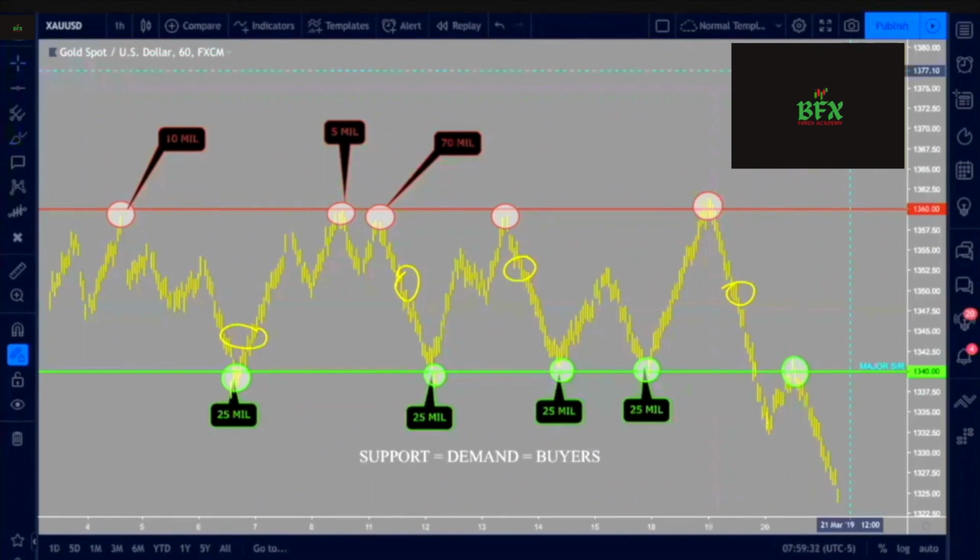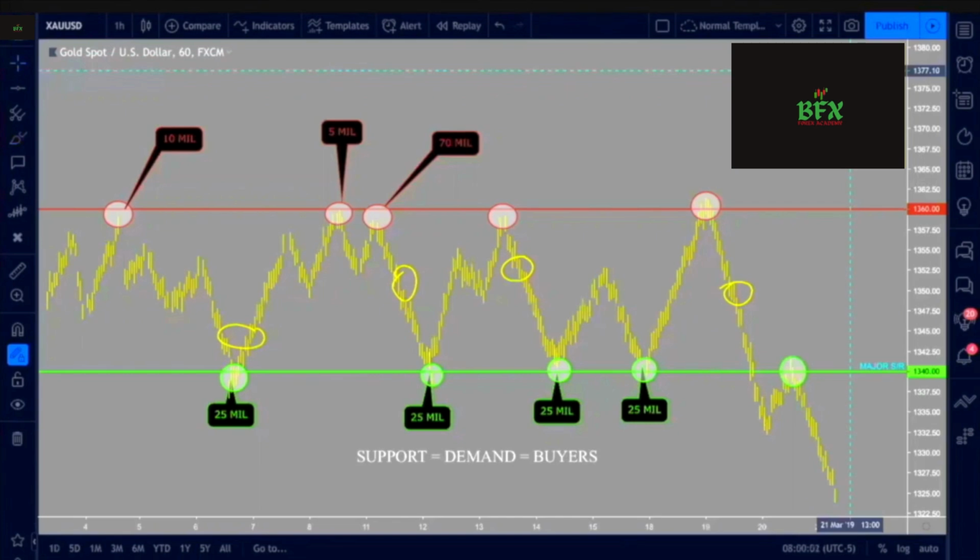And what's the result of these orders, this supply and demand in the market? You end up with support and resistance, inherent barriers in price, and you're able to accurately predict where the sellers are going to come in, where the buyers are going to come in, and where you too should be placing your trades.